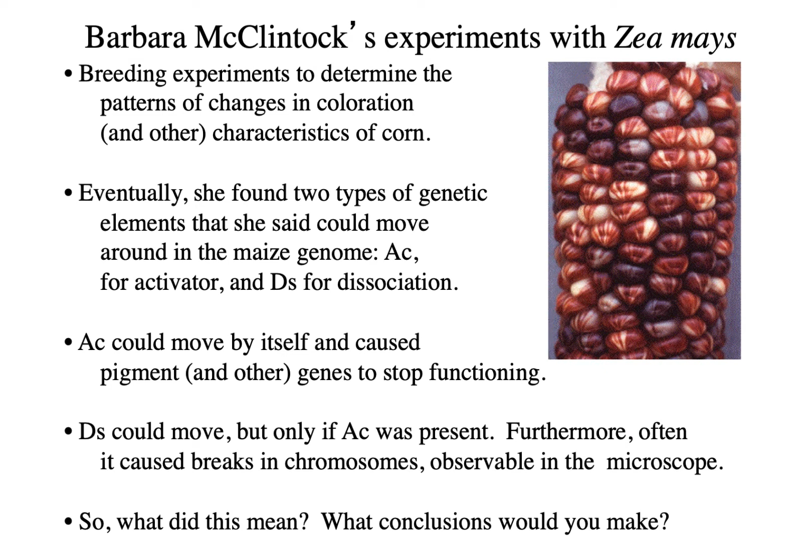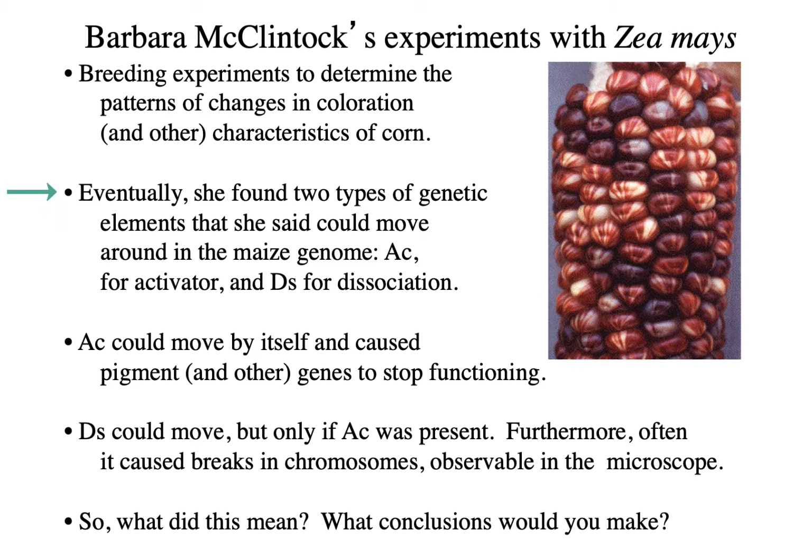So she did these experiments with Zea mays for many years, for decades actually, in breeding experiments to determine changes in the coloration and the genetic inheritance of these elements.